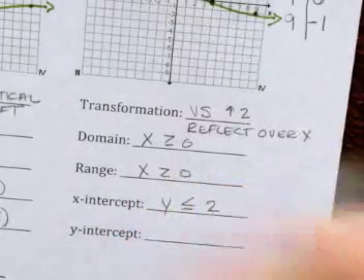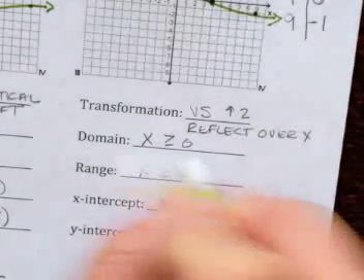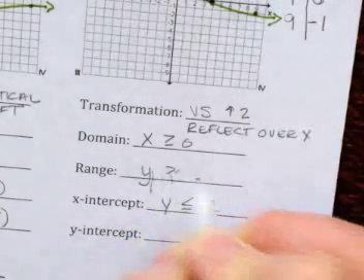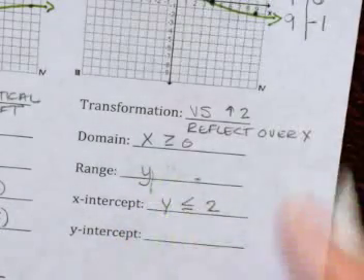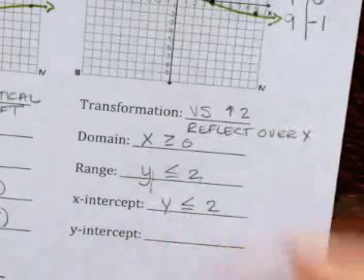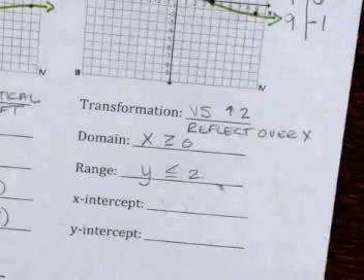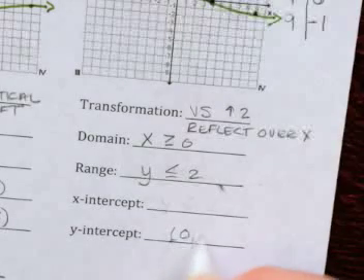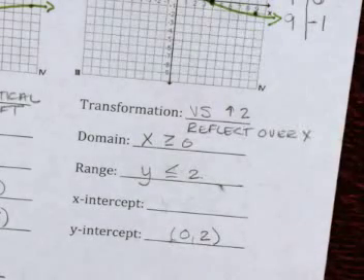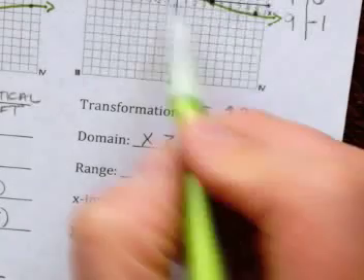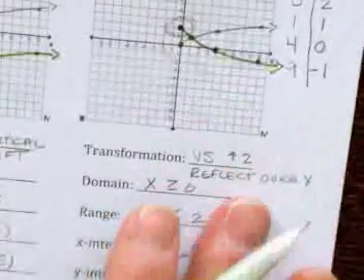X is greater than or equal to 0. Y is less than or equal to 2. My y-intercept is at 0, 2, and my x-intercept is at 4, 0. And I can observe that by looking at the graph.